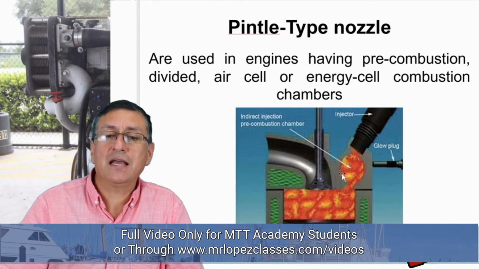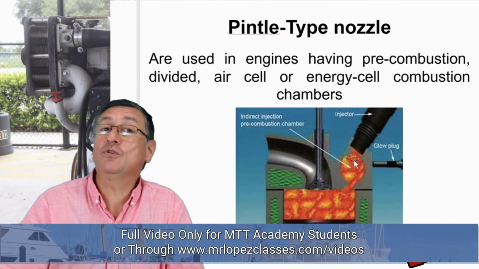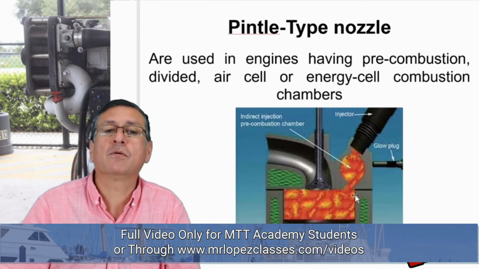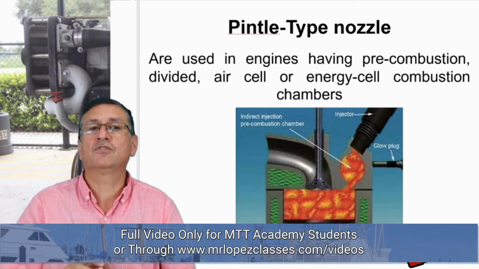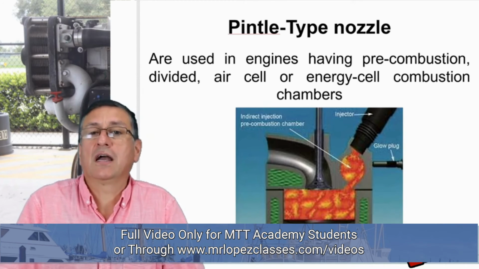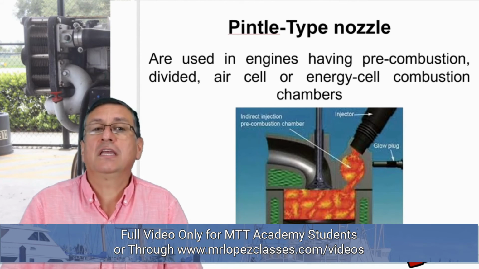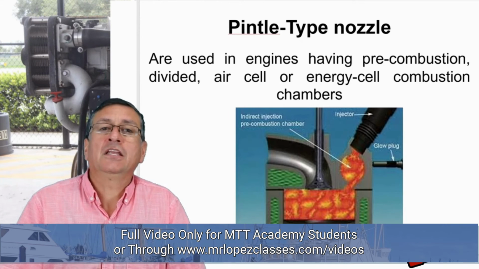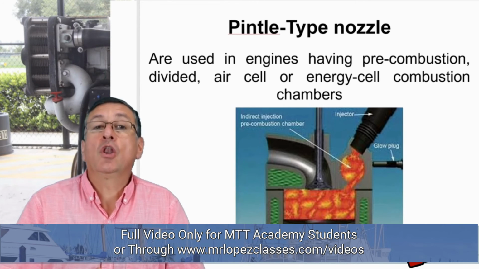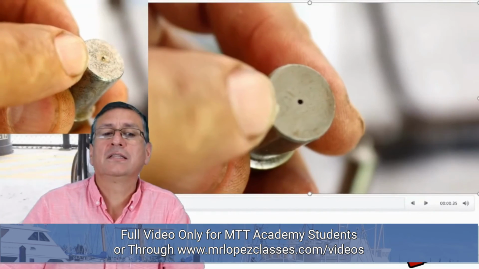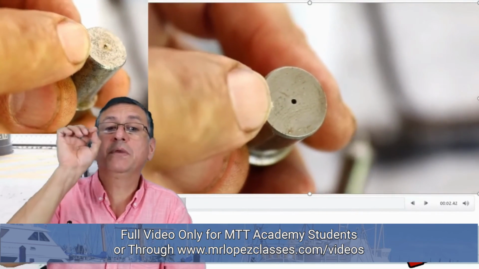In this area the explosion is produced, and the explosion immediately enters the main combustion chamber. This type of combustion chamber is considered a pre-combustion chamber, and is used in diesel engines with a low pressure injection system.